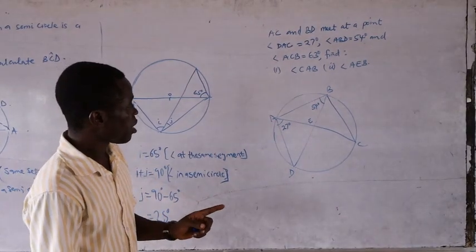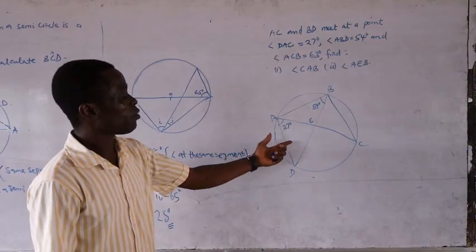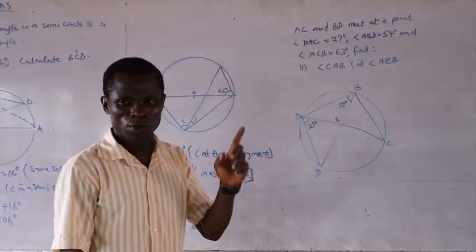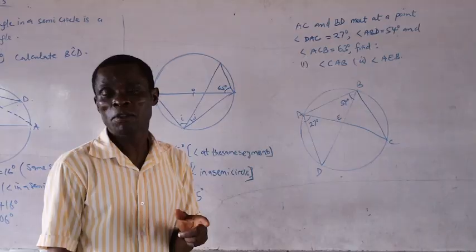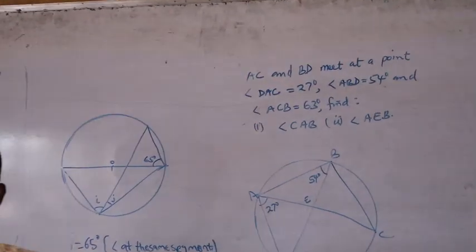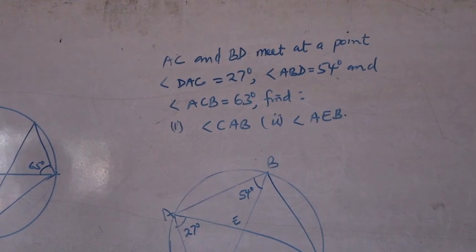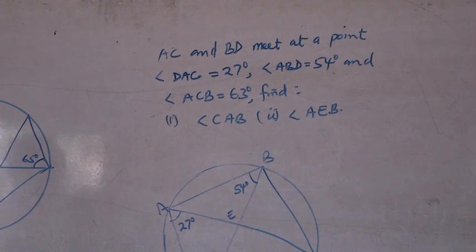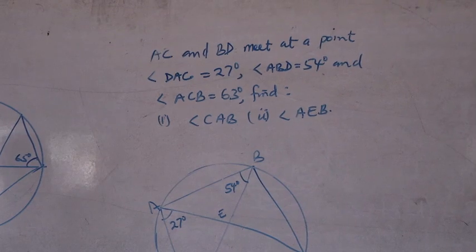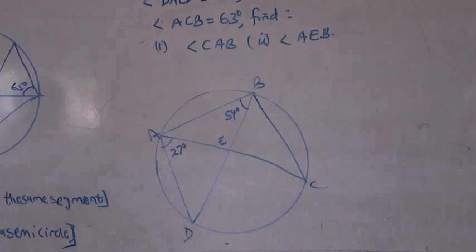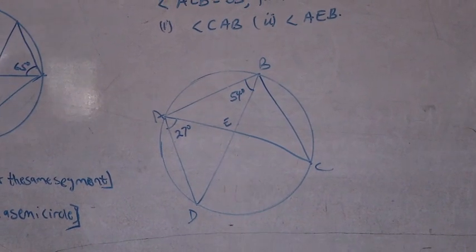Also, if you have a diagram like this, you must first read the question. It is possible to have a value inside the question that will not be inside the diagram. So make sure that all the values in the question are in the diagram. Is that taken? Okay. So that is the first one.